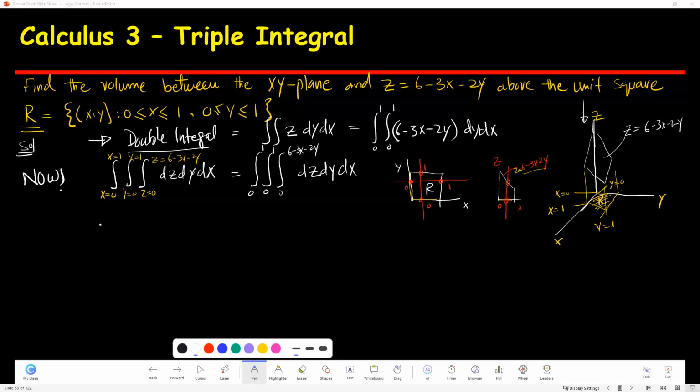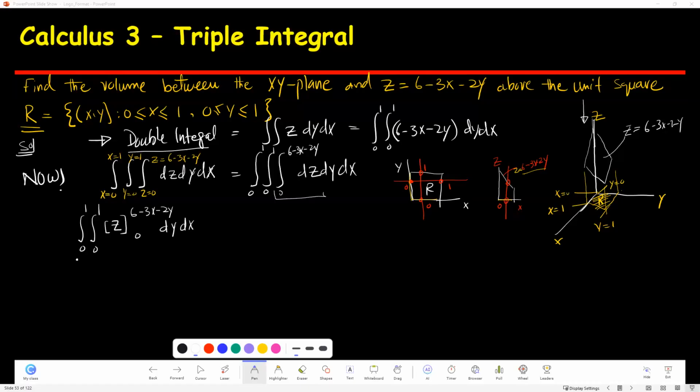Let's solve this one. When we solve this one, the first integral is just dz. It's going to look like 0 to 1, 0 to 1, and then the z limits are 0 to 6 minus 3x minus 2y, then dy dx.